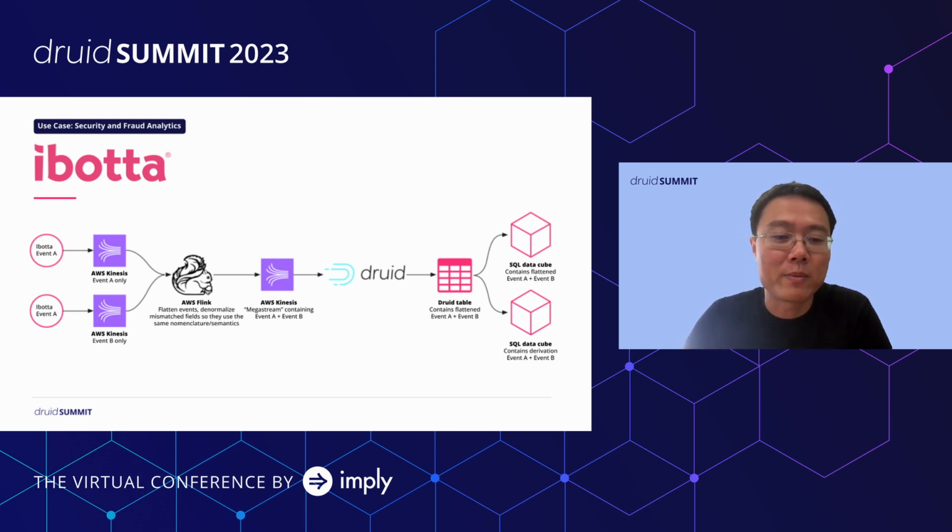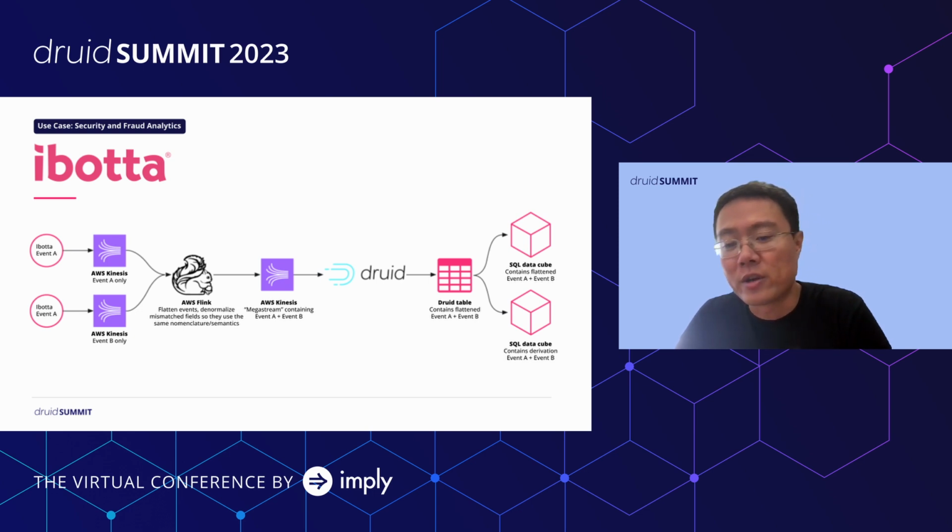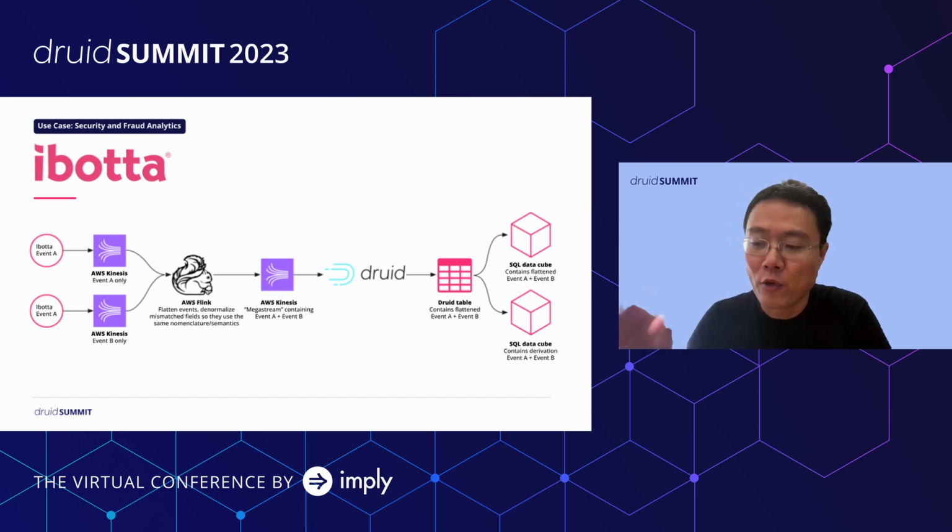So Ibotta's setup is once again a pretty classic setup that we'll see in the community, where there's data streaming to some message bus, in this case Kinesis, and then streaming to Druid, and then there's various OLAP cubes that are built on top of Druid, and the slice and dice and performance of those cubes is very important.